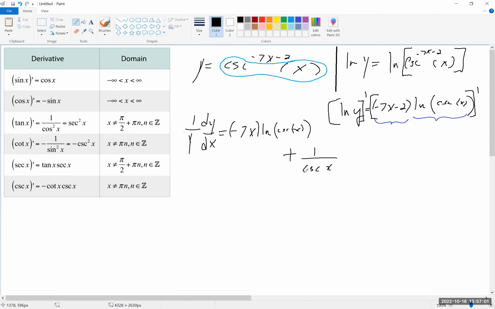Because the second piece is a composition of two functions, I need to use the chain rule. The derivative of cosecant, that's why I had that over here, is minus cotangent x cosecant x.